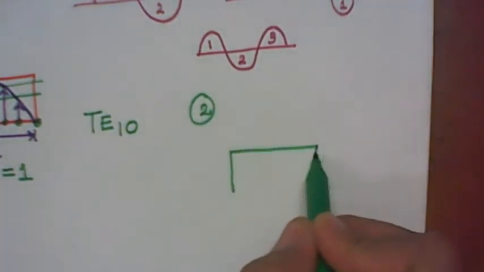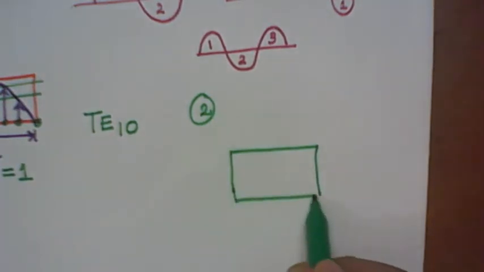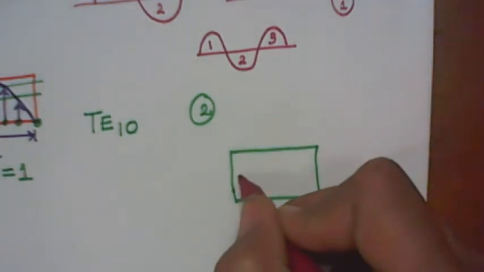Let me take this as rectangular waveguide. Okay, in this rectangular waveguide, say I am giving input to the signal in this form like this.